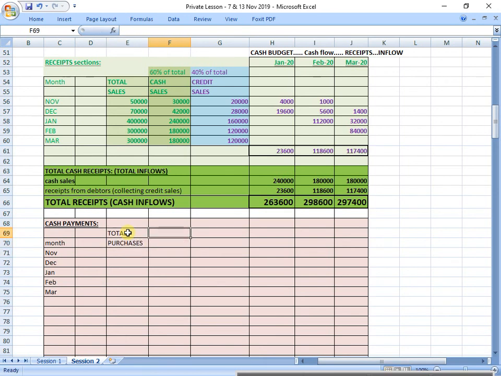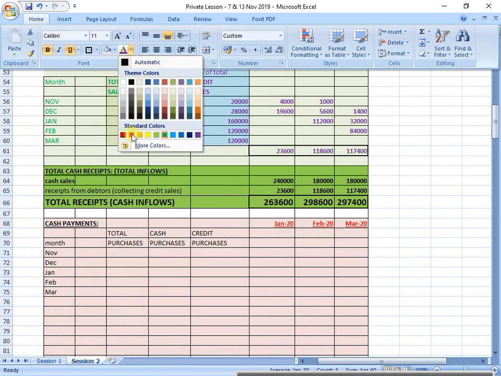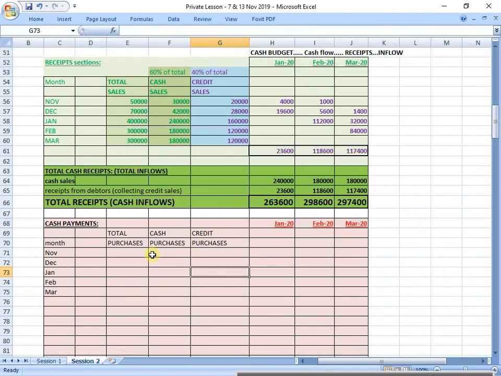Total purchases, cash purchases, credit purchases, or creditors. Alright, so now you need to do the analysis. Okay, you need to do the workings. You're still looking at the same months, but now you're not looking at receipts, you're looking at payments. Okay, so let's go get the total purchases.